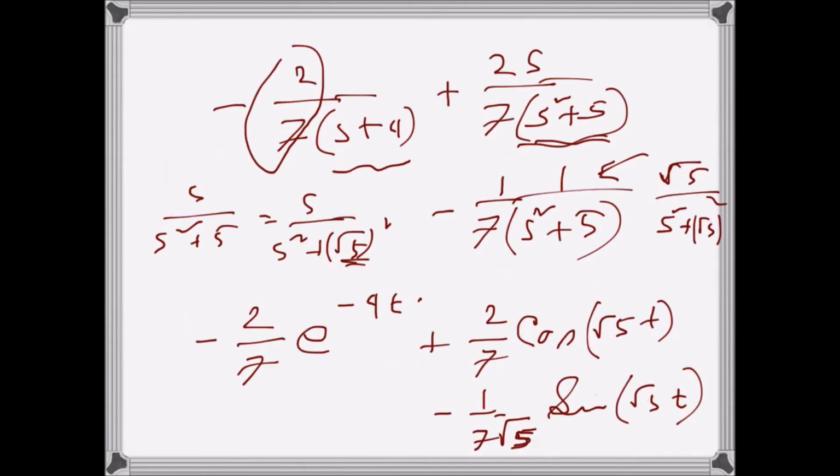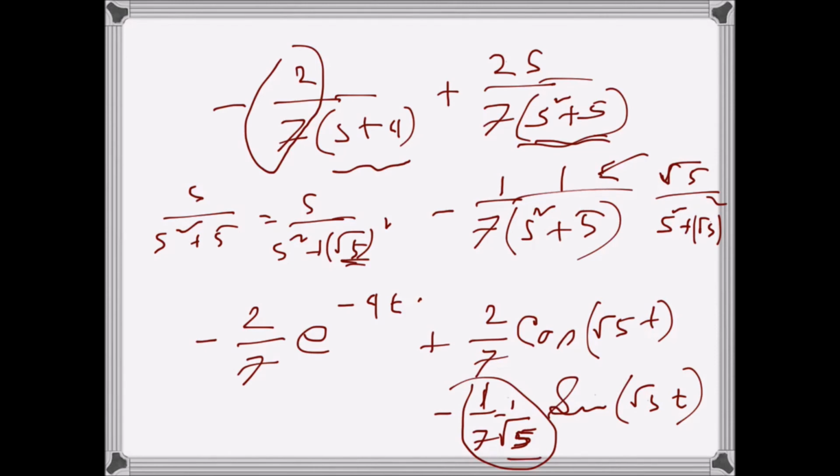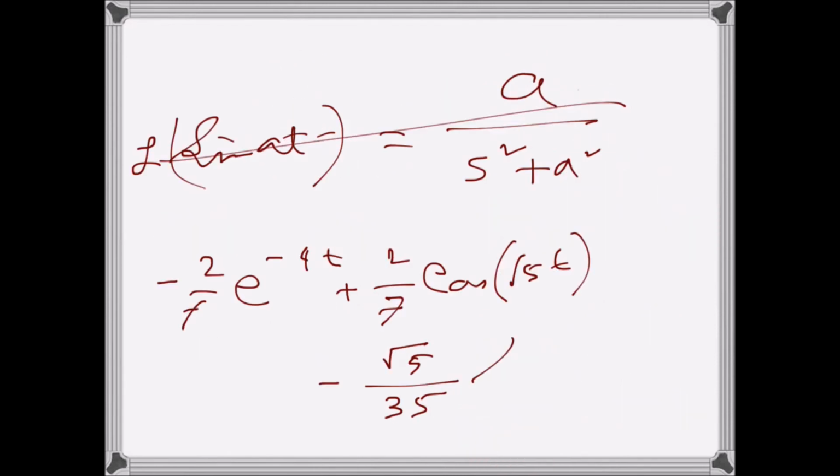What I'm doing is I want to get rid of the square root in the denominator, so I'm multiplying both numerator and denominator by square root of 5 for this part basically. So it's becoming square root of 5 over 35, 7 times 5, because square root of 5 times square root of 5 is 5.